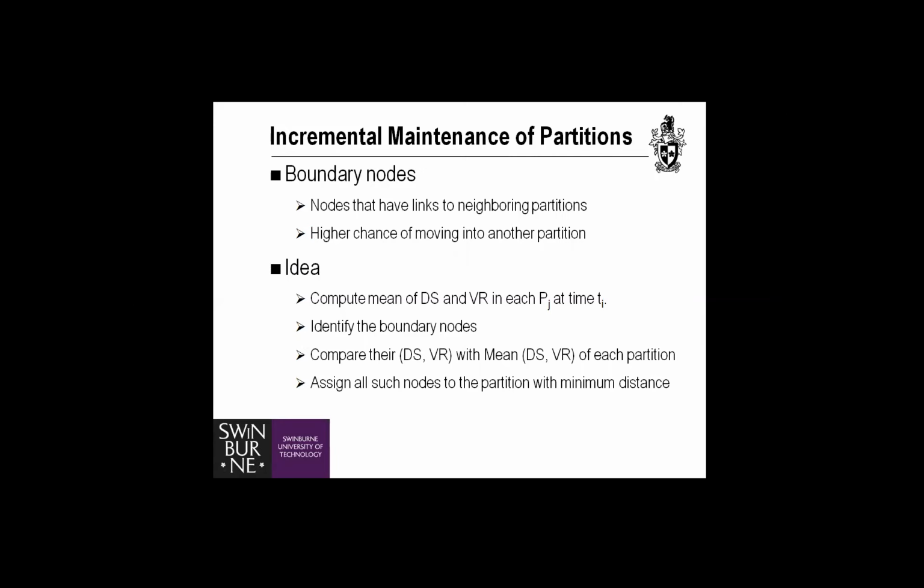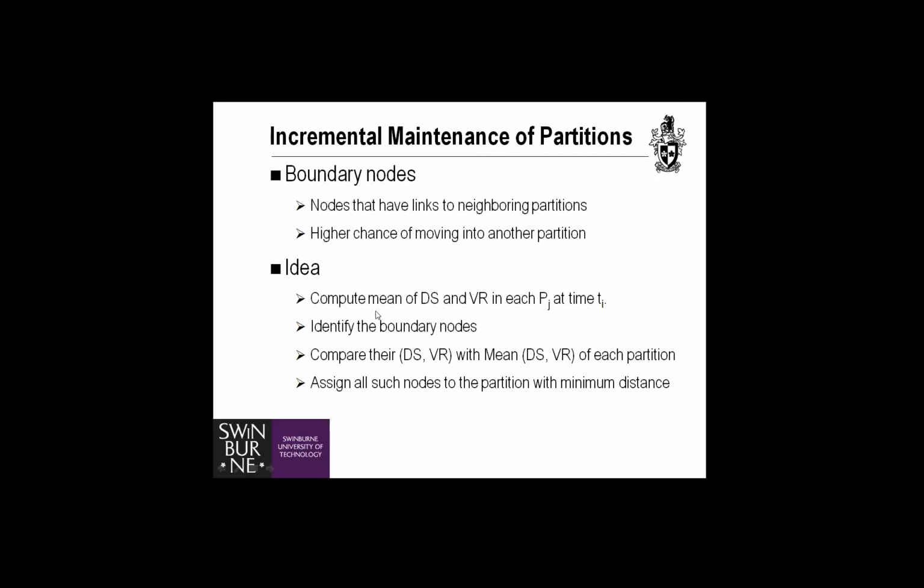Only after this boundary node moves to the neighboring partition will the internal node be exposed as a boundary node, and they will be able to move into another partition only after they are exposed as boundary nodes. So basically, the processing of boundary nodes has to be done first, and we need to check whether this boundary node is likely to move into another partition in the next time point based on the new traffic data.